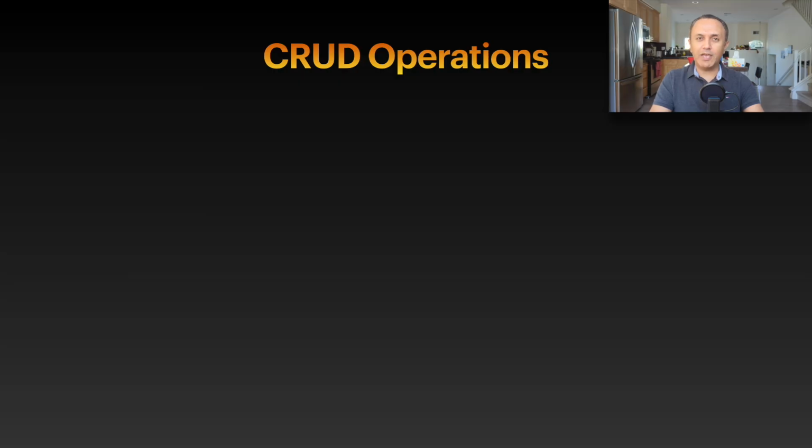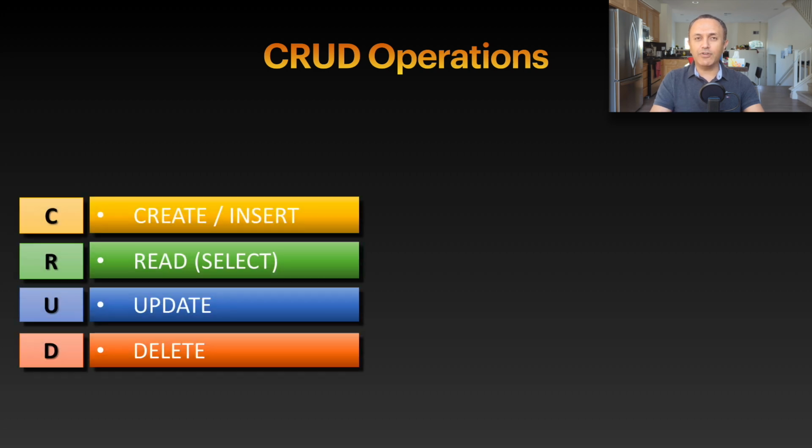So to start off, for SQL statements, or pretty much any database system or anything that has to do with data, there are four basic types of operations. They're usually referred to as CRUD operations as an acronym. The four basic types are creation or insertion of data, where you add new data to the system.